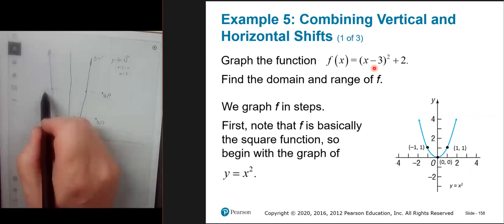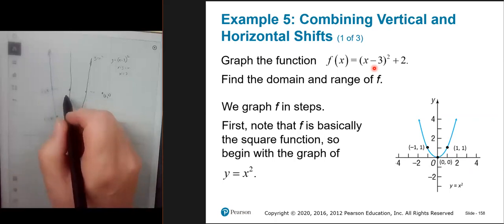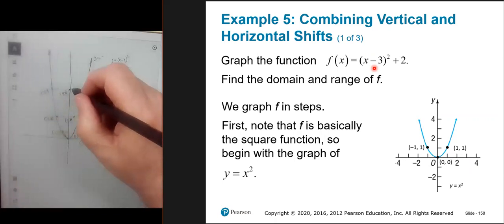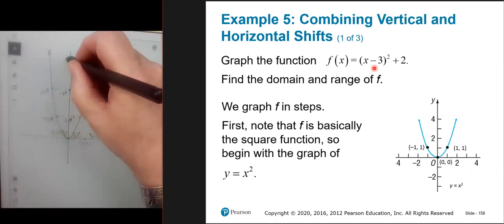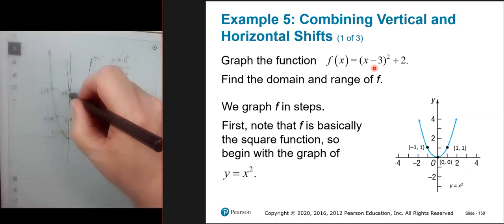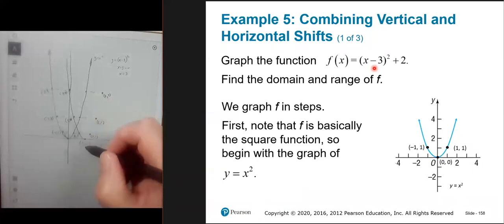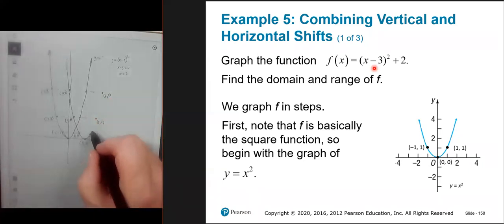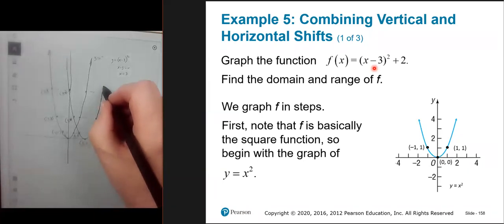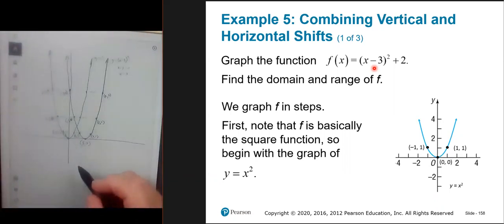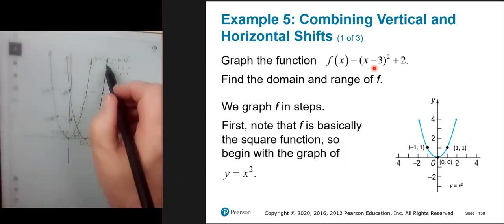And then a negative 3, 9. I'm adding 3 to negative 3, which gives me 0. Gets moved over to 0, 9. So now here's where my graph winds up. So that's this graph.